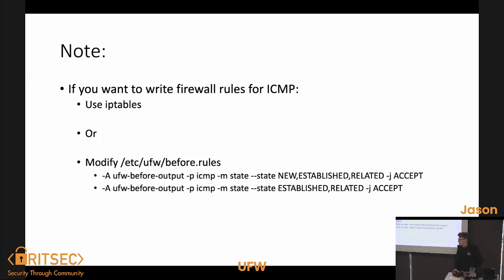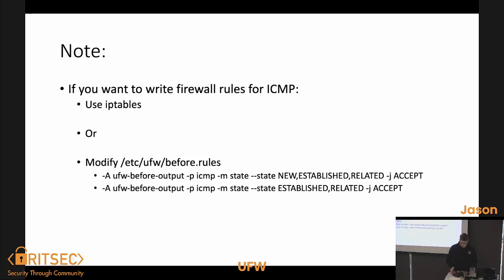I was trying to find an example of ICMP traffic, and I realized it's more complicated because ufw doesn't have anything to do with ICMP by default. So if you want to write ICMP rules, you're going to have to not use ufw and use iptables instead.